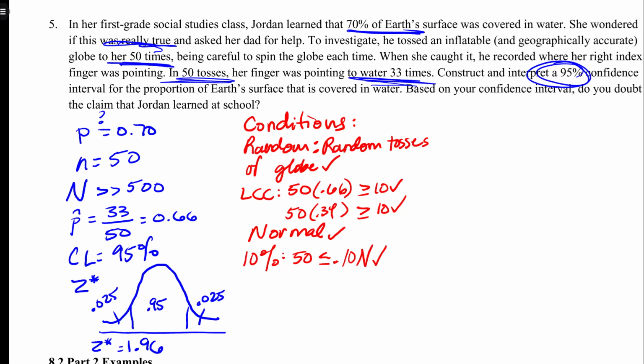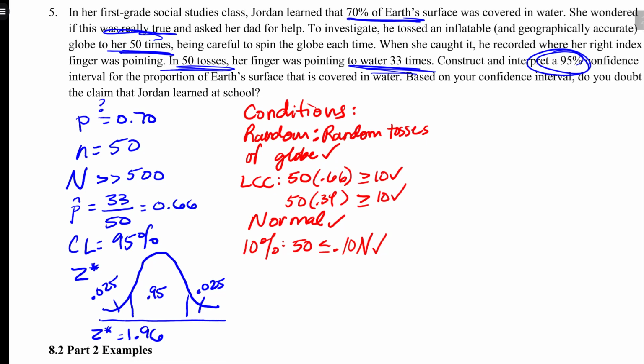The next thing is to actually plug into our formula. For the formula, I do want to actually write it out, because I'm still learning it. My confidence interval formula is p hat plus or minus Z star times the square root of p hat times 1 minus p hat all over n.